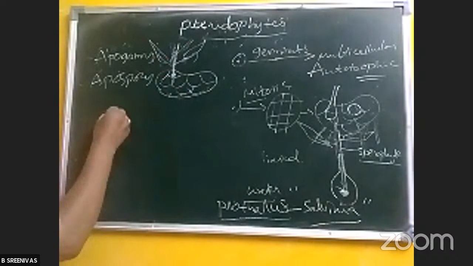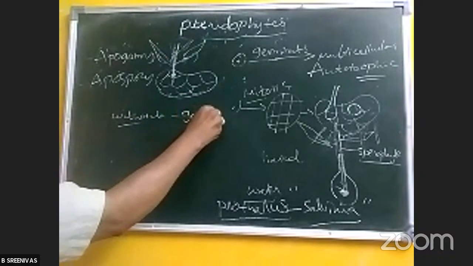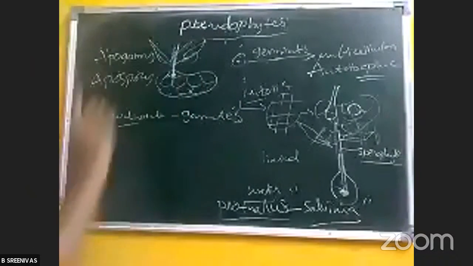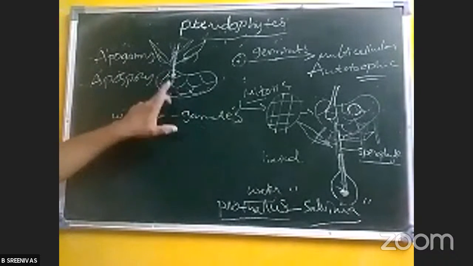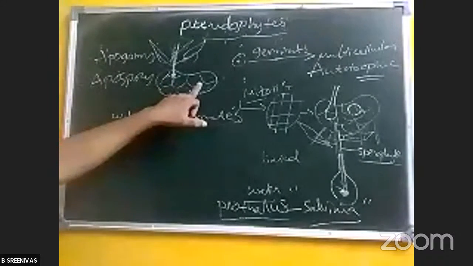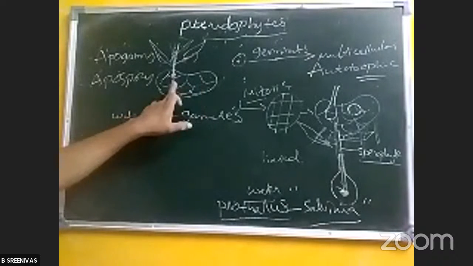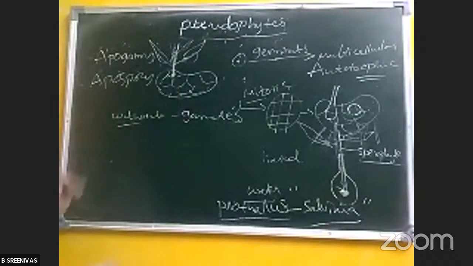That means without gametes. So no sex organs here. Only the cells of the prothallus directly. What is the condition of the cells of the prothallus? Haploid. These haploid cells directly divide mitotically and develop the embryo.